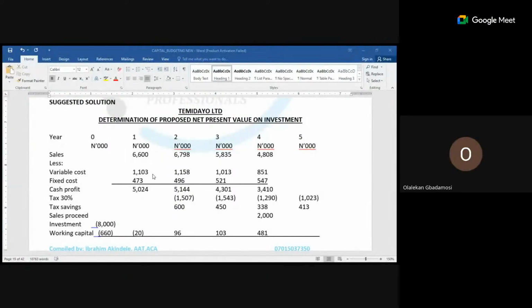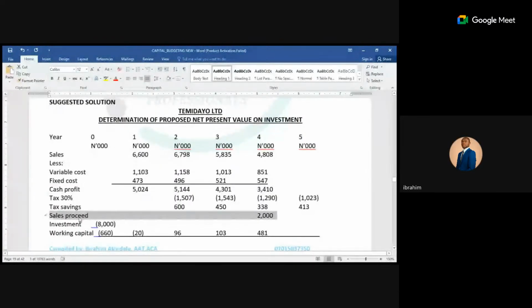Sir, if we are having a scrap value in the question, does that mean we also deduct it after our working capital? Scrap value is not deducted, it is an inflow. You can say scrap value.